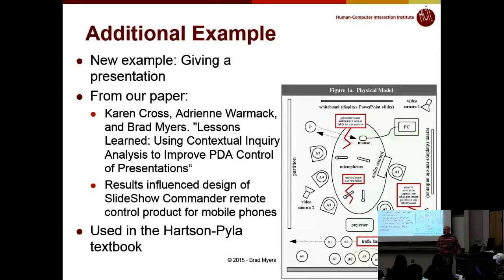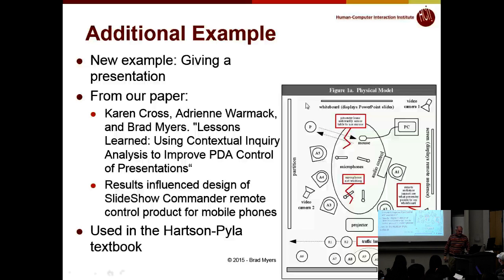So in addition to the scenario we just saw on CDW on the website, another example is in this paper, which is basically a conference call. So there's this room, a conference room, with a big round table, and there's a whiteboard, and the presenter is over here.